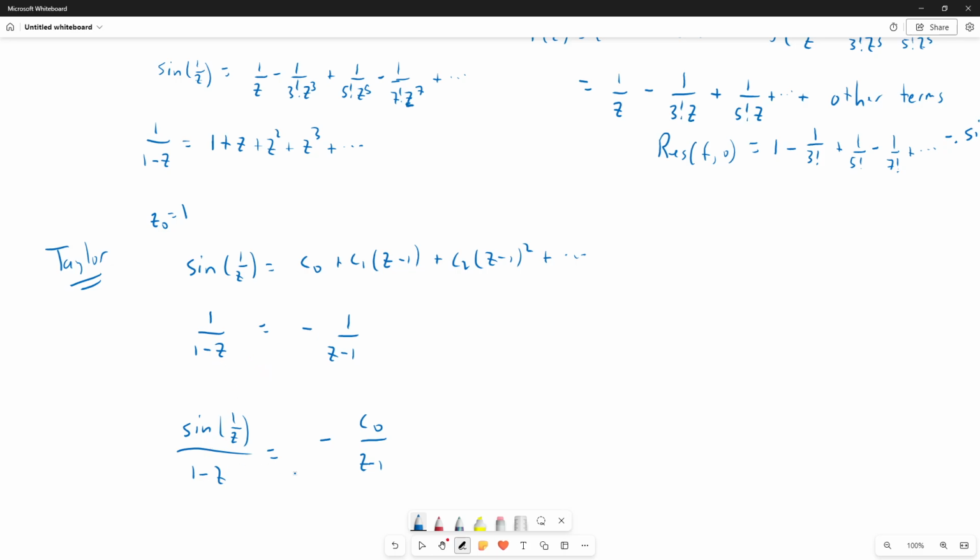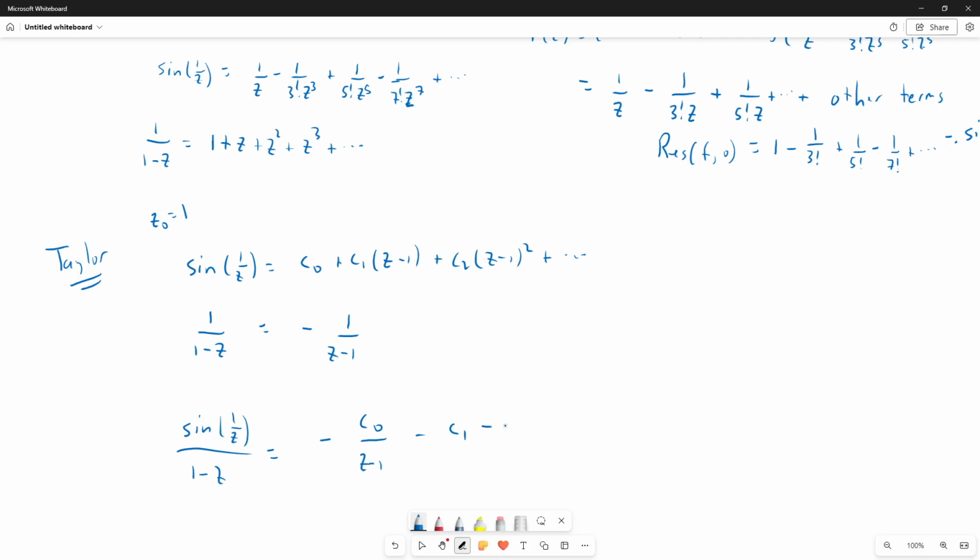Okay, so sine of 1 over z divided by 1 minus z, and I'll write 1 minus z like this. So then we have minus c0 over z minus 1, then minus c1, because if I multiply this times this term, the z minus 1's cancel, and it's just negative c1. And then multiply these two. I'm distributing this across this series.